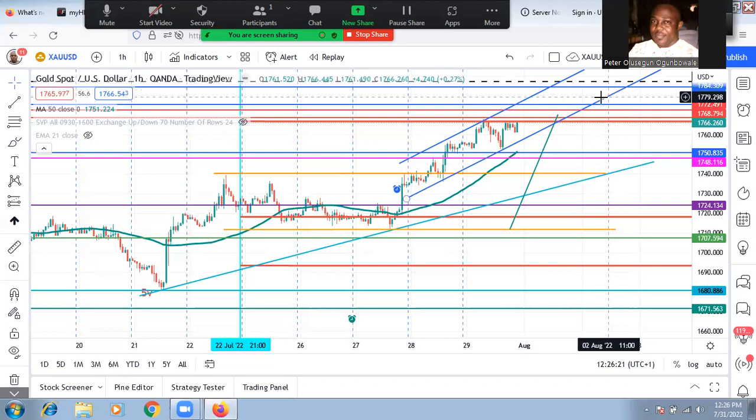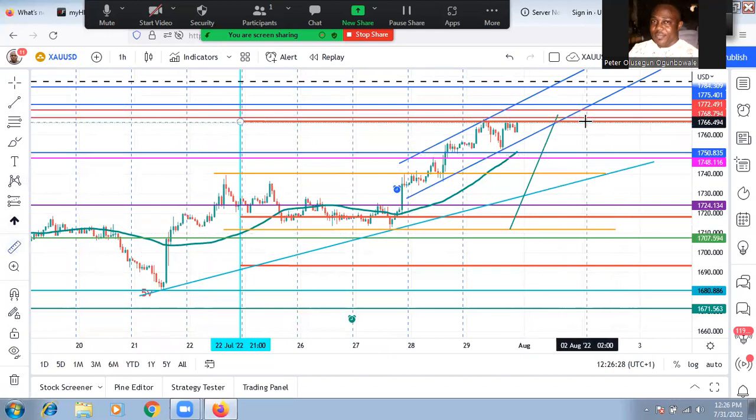Price range, which is about from here, we still need to go up about 80 pips to about 200 pips from current level.